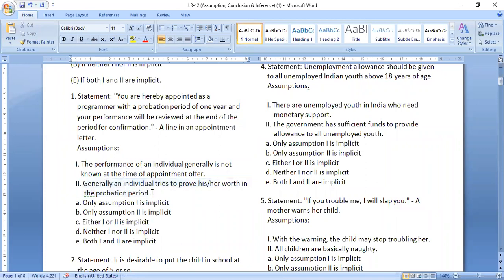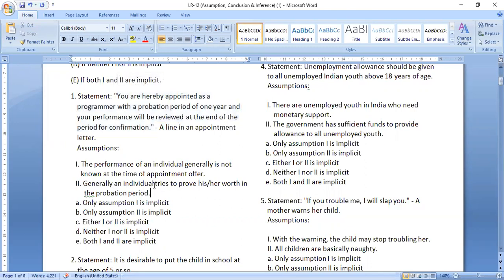Yes, it is an assumption. You say generally an individual tries to prove his or her worth in the probation period. If that is wrong, assume that it is wrong. Then what's the whole point of having a probation period? See, if this is wrong, what will happen?